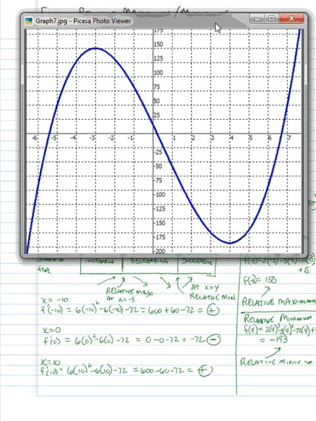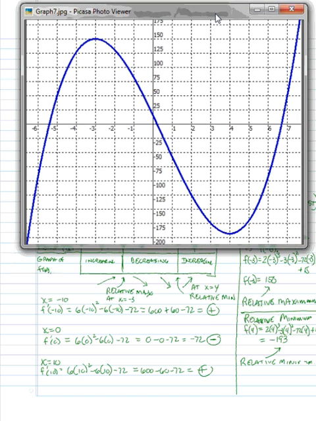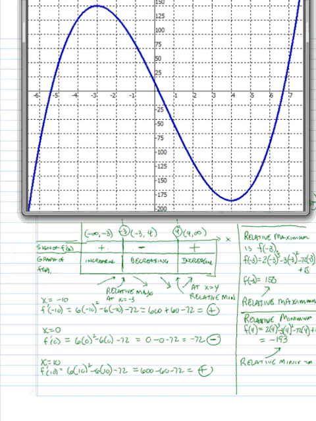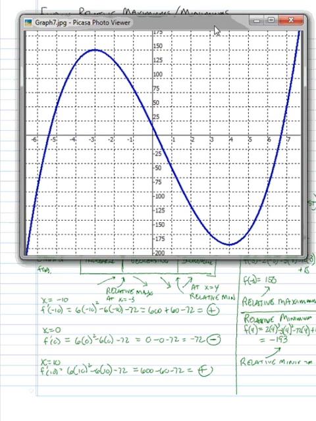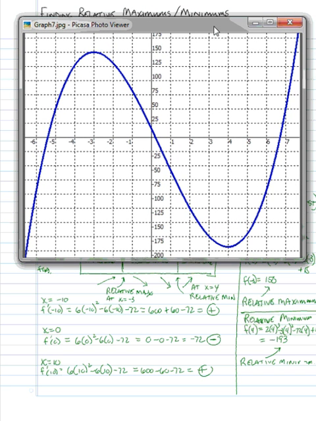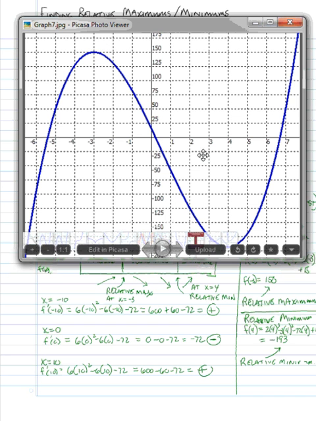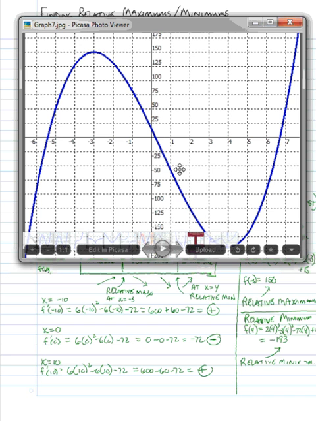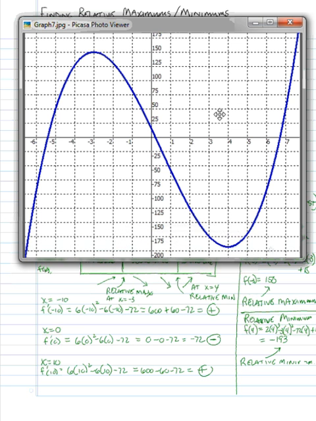And as we were analyzing this, we came up, if you recall, with critical numbers -3 and +4. And that's where the derivative was 0, so we were expecting a horizontal tangent line at those x values, and that horizontal tangent line usually is associated with a relative maximum, a hump going up and then down, or a hump going down and then up.